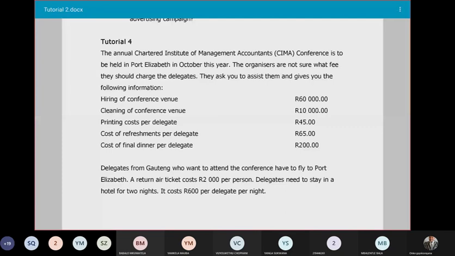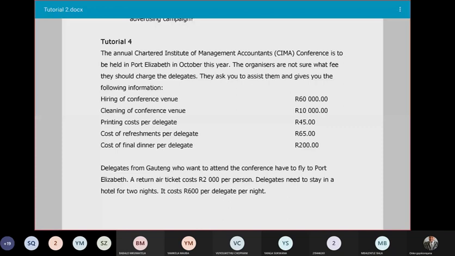They ask you to assist them and give you the following information: hiring of conference venue, 60,000, cleaning of conference venue, 10,000, printing cost per delegate, 45 Rand, cost of refreshment per delegate, 65 Rand, cost of final dinner per delegate is 200.